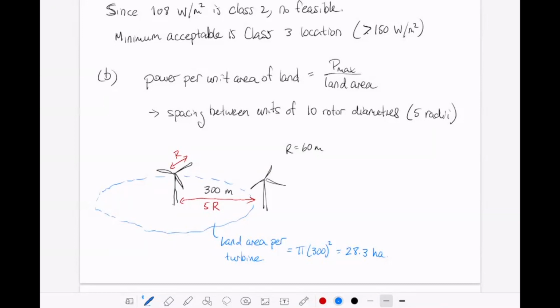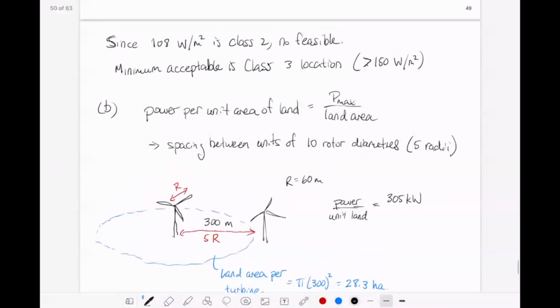turbine. So now if we just take our maximum power based on the size of the turbine that we have and divide it by this land area per turbine, we can get the unit of power per unit area of land. So this would be equal to our power, which would be 305 kilowatts.